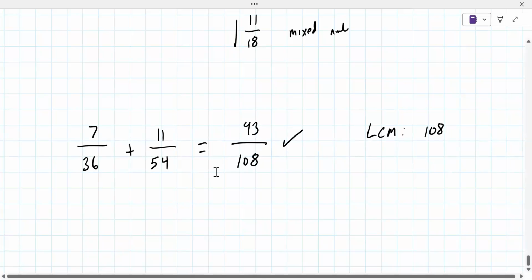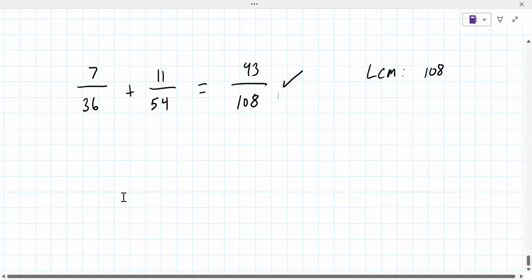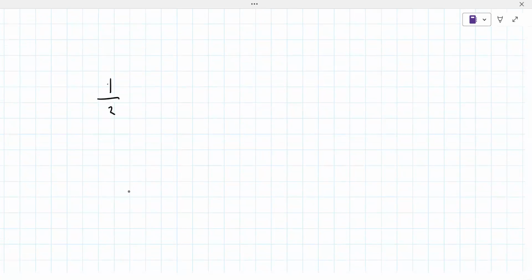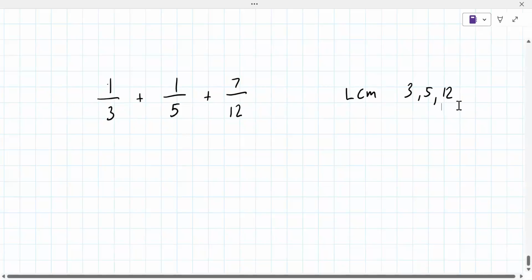So that's kind of the extreme example. Where you really use this is, let's say I wanted you to add 1/3 plus 1/5 plus 7/12. So we need to find the LCM of 3, 5, and 12. Could you do that part for me, please?